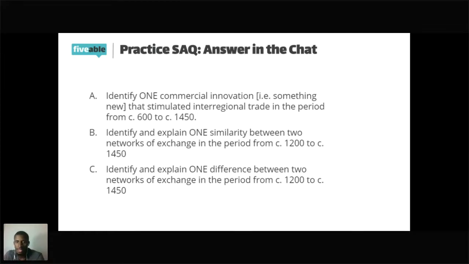But one similarity that I would say was in the Silk Road, you had a diffusion of cultural beliefs and religious beliefs that both of them fostered, and they both fostered the growth of different states, which is one similarity that I would put.